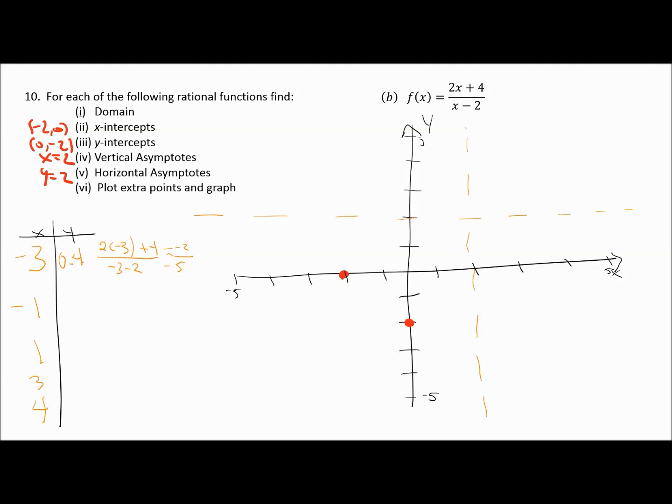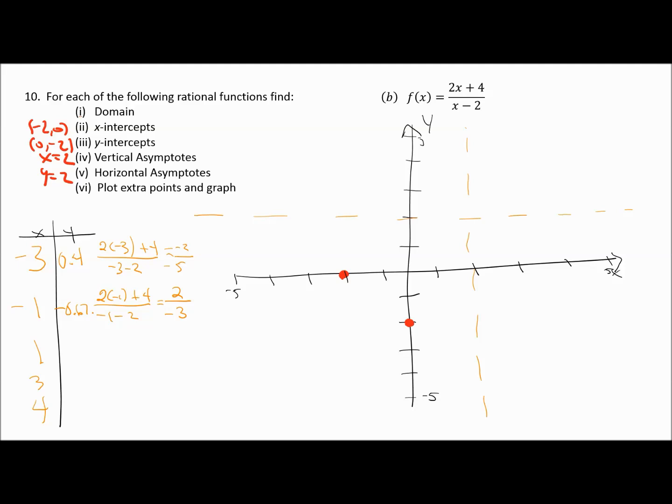Or you can leave it as 2/5. I substitute in -1, and that gives me -2 plus 4, which is 2 in the numerator, divided by -3 in the denominator. So you have -2/3 overall, or rounded, -0.67, or -0.7.